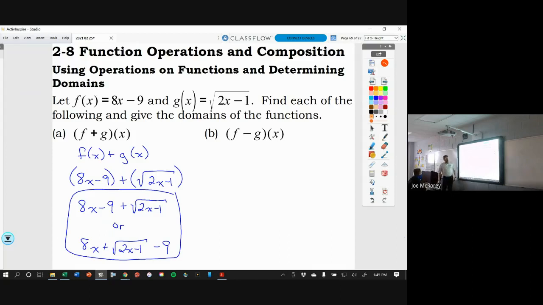f minus g, that would be f of x minus g of x. f of x is 8x minus 9, minus g of x, which is the square root of 2x minus 1.